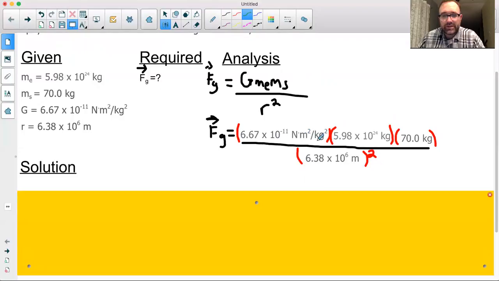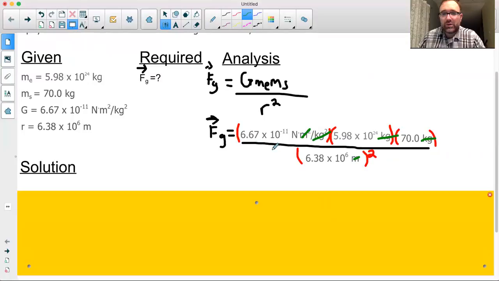So next things next, I like to cross out my units next. These two would make kilograms squared, and this is kilograms squared right here, and this is dividing it. So those can say goodbye. The meter is squared, so that's meter squared, and here's your meter squared. So one's on the bottom, one's on the top. Goodbye. So what is left over? Newtons. Well, exactly what we're looking for.